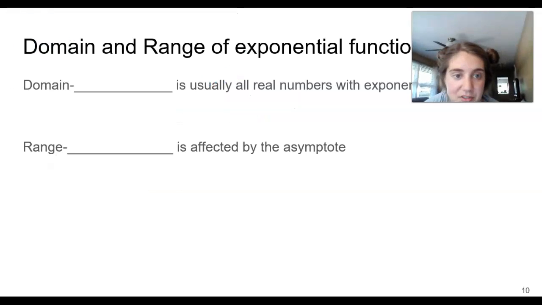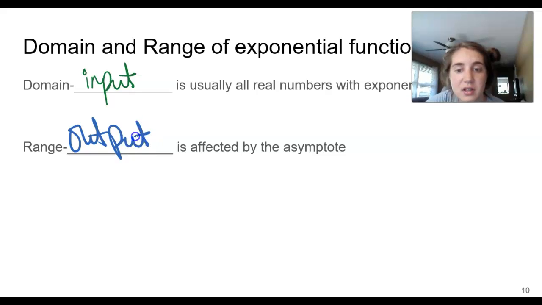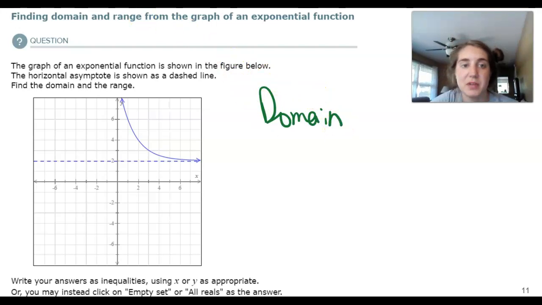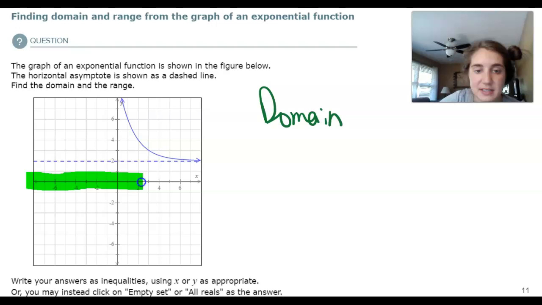The last concept we're going to talk about is domain and range of exponential functions. Domain is the input. It is usually all real numbers with an exponential function. Range is the output, and it is affected by the asymptote. So here's the question. It asks about the domain. I'm going to highlight my x's.